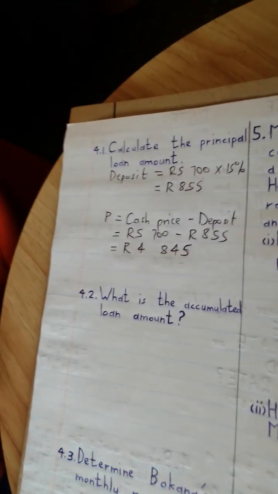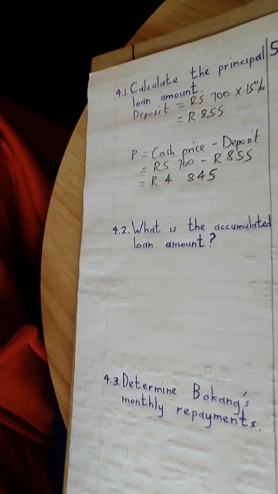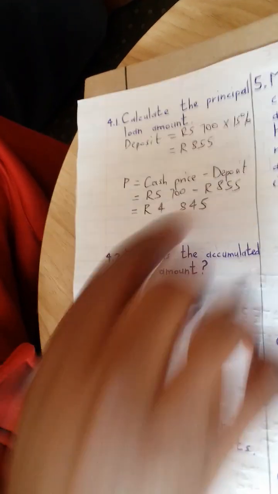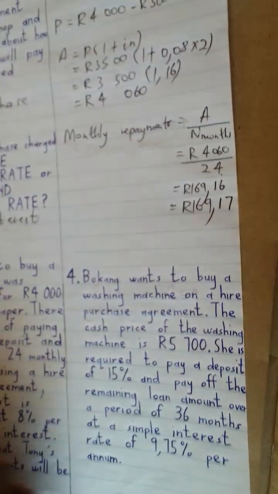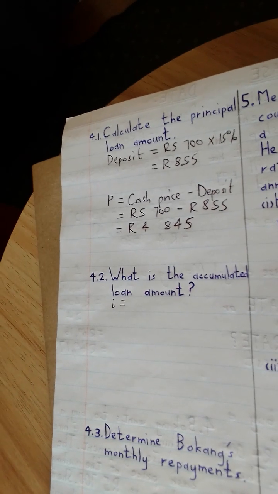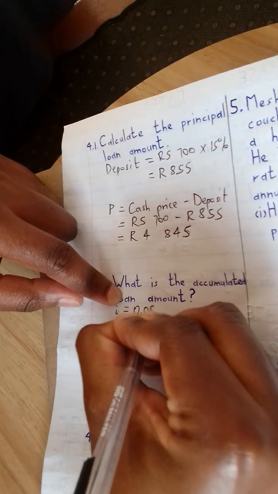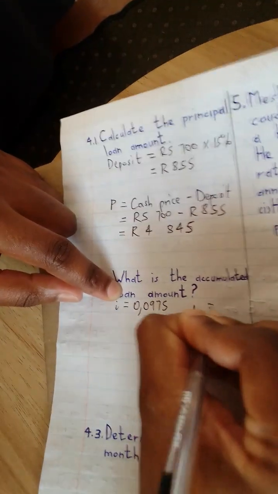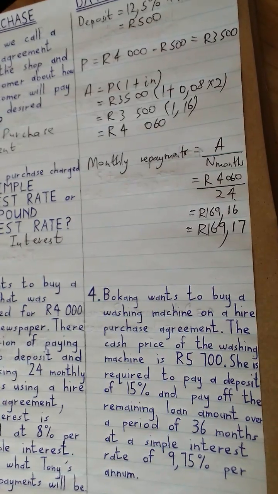Okay. What is the accumulated loan amount? This is A, right? i is 9.75%, I'm getting 0.0975, and n is in years, right? So it's going to be 36 months divided by 12, which gives 3 years.